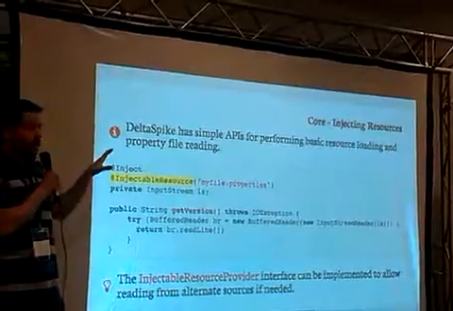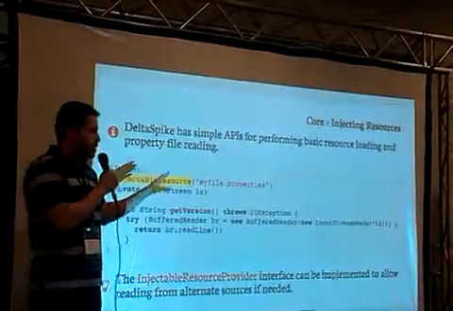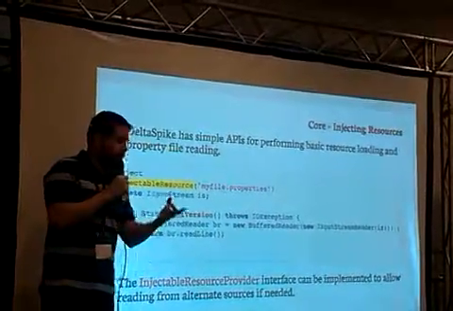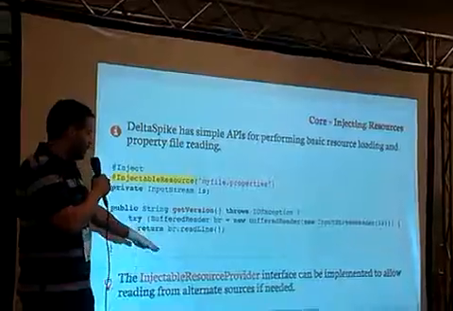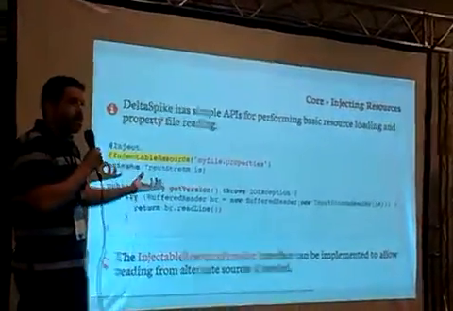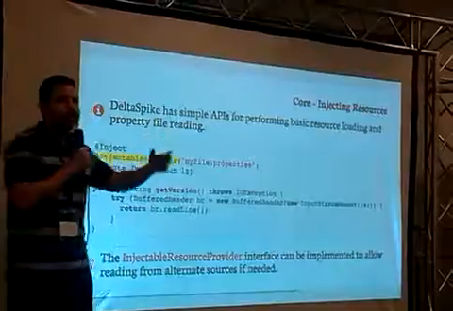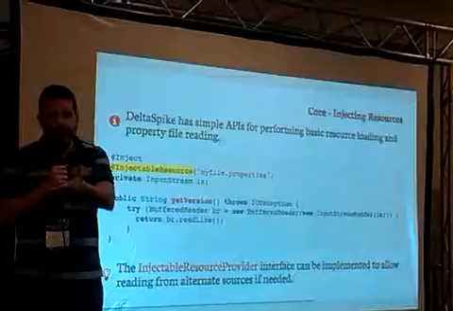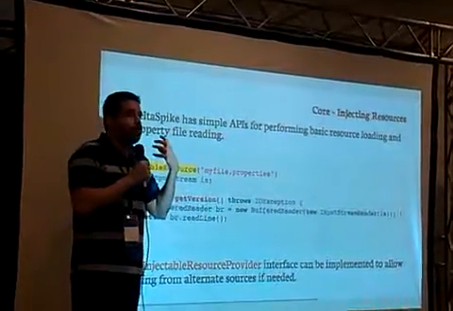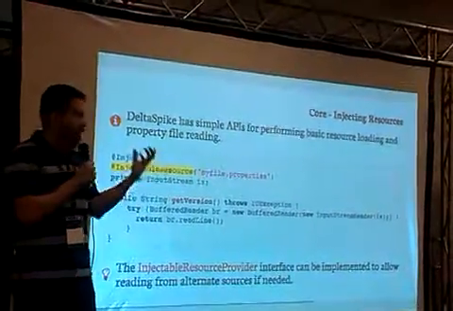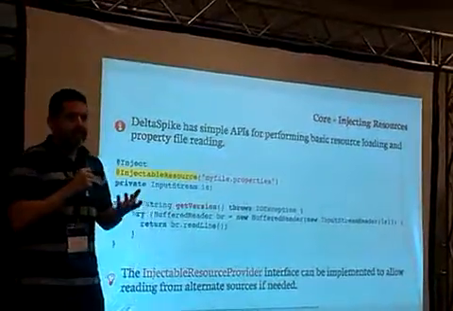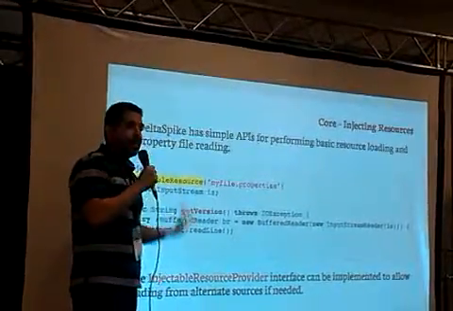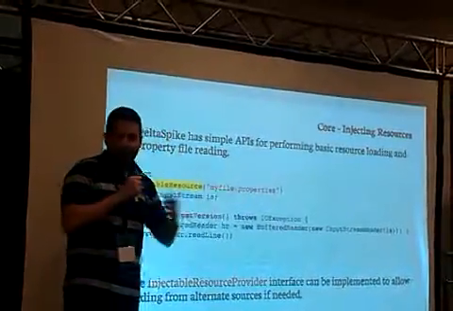Actually, DeltaSpike uses just the files that are available on your classpath, but you can also implement the InjectableResourceProvider interface to read this file, for example, from an HTTP server, from a drive in your network, whatever. You can customize the behavior of DeltaSpike. As DeltaSpike is already an extension of CDI, you can also continue extending DeltaSpike.